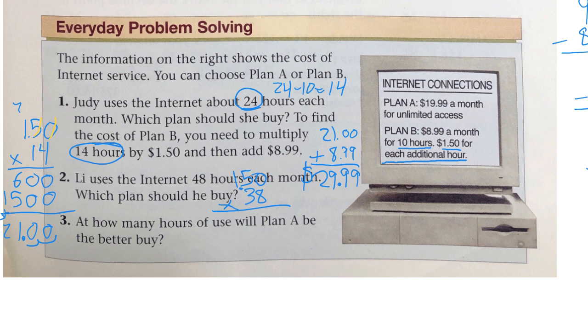And then you would add the $8.99 to that product. And you would see, is that more than $19.99? Well, we already know that Judy uses half of that and hers is $29.99.